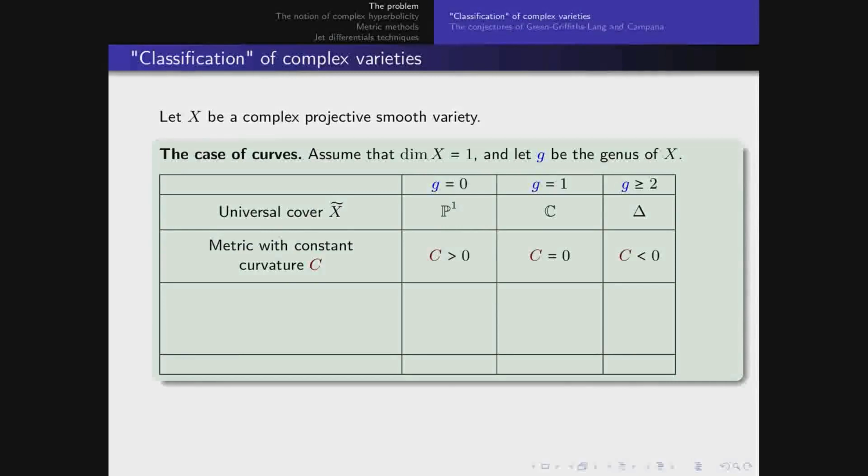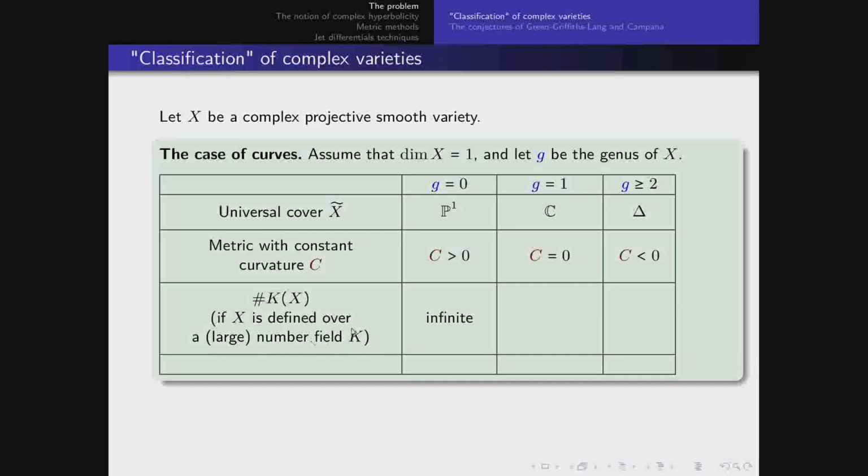Now there is one additional notion that we can study in the case of curves, namely an arithmetic one. If you assume that our curve X is defined over a number field, we can ask ourselves how many rational points there are inside X. We know the answer, at least when K is a large enough number field.